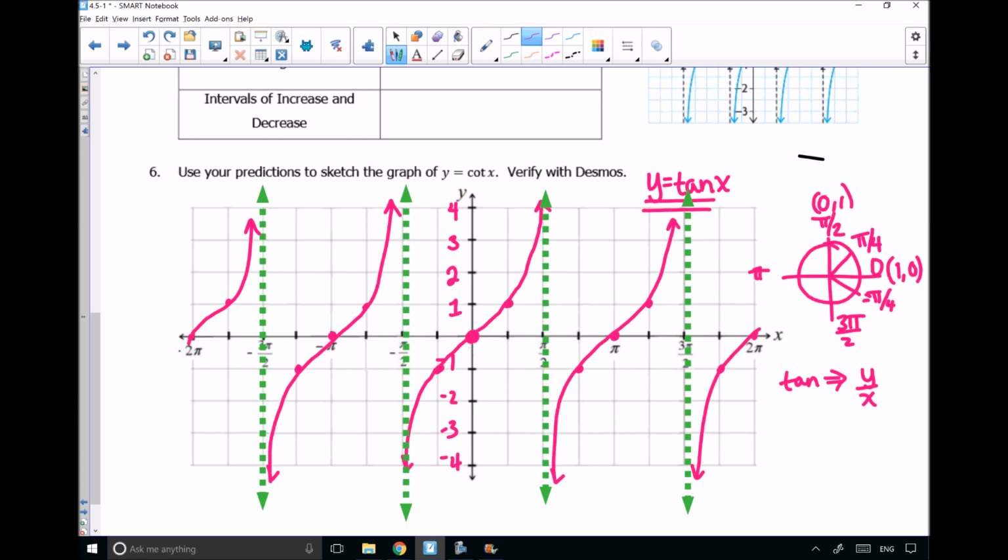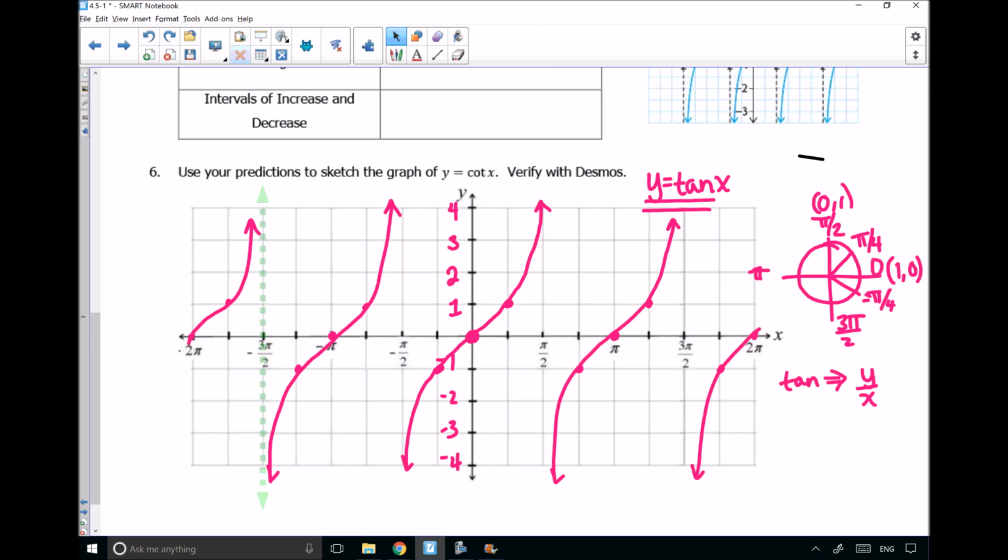Now, let's go ahead and apply our information to cotangent of x. Okay, so for cotangent of x, we know that we're going to have asymptotes occurring where we have our zeros right here. So I'm going to take all of these asymptotes right here and get rid of them. I'm going to delete this asymptote right here, because this is not an asymptote of my cotangent function.